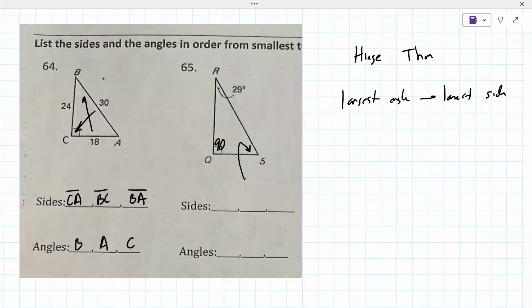So then it would be 180 equals 90 plus 29 equals X. That's right. 180 equals 90 plus X. 61 equals X. 61.